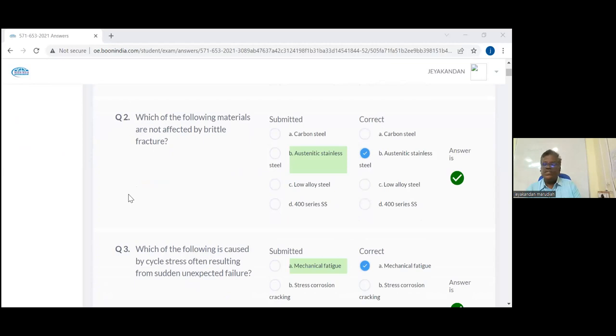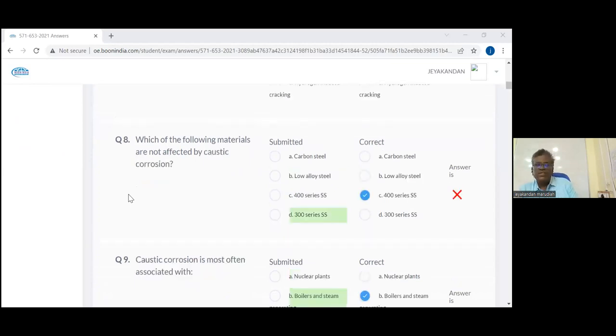Which of the following materials are not affected by caustic corrosion? Okay, check caustic corrosion. 400 was not affected.